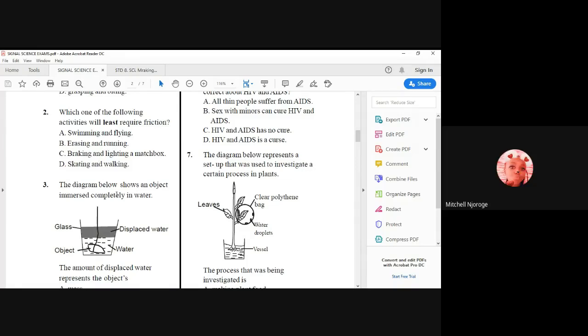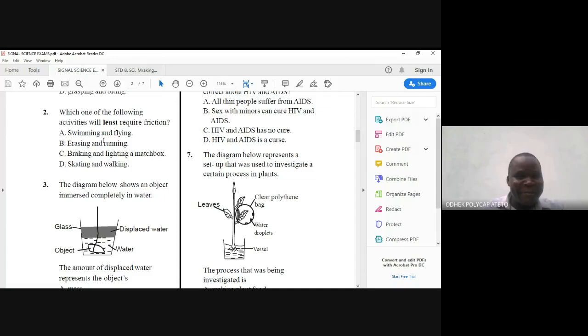For me, my answer is C, braking and lighting a matchbox, because you require friction for flying, for swimming, no, and Michelle, racing.